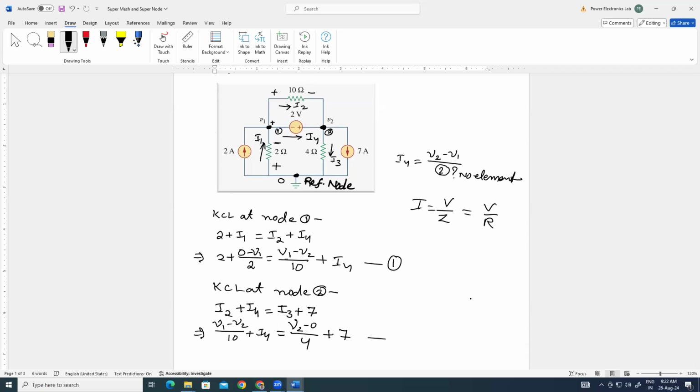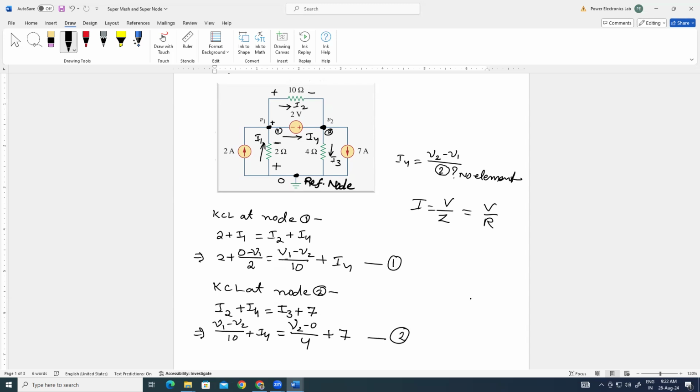Here also V2 is unknown, I4 is unknown. So you can see that applying KCL at the nodes, we got two equations where we have three variables, V1, V2, I4.